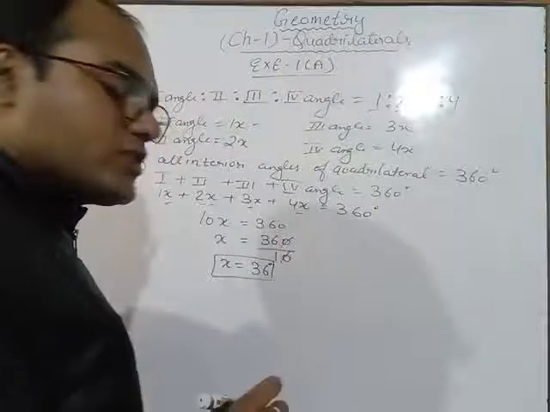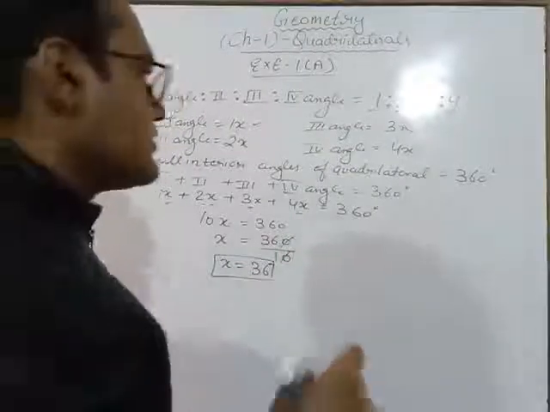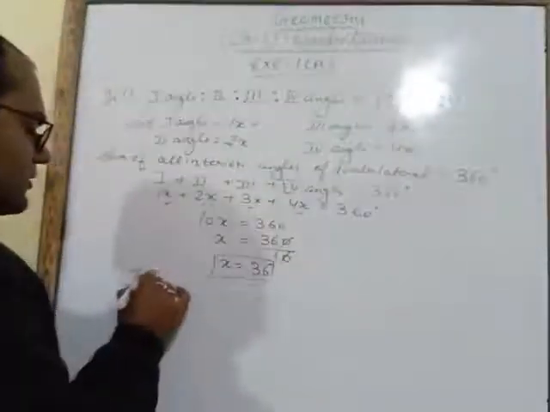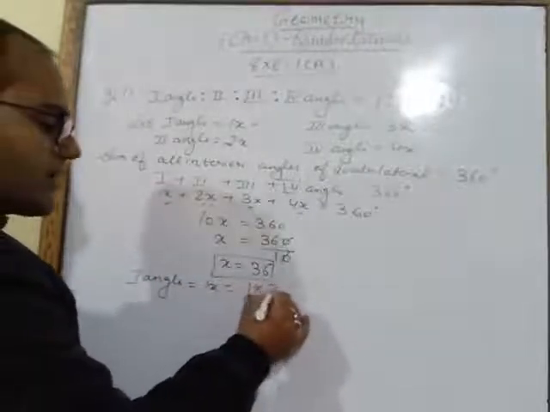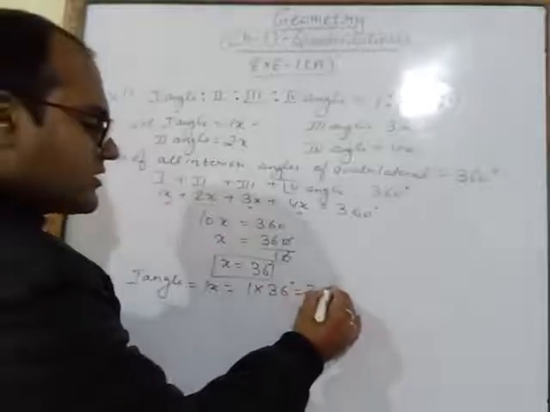Now in the question it is written that you have to find all the angles. The first angle is 1x, so we put 1 multiplied by 36 degrees, which is 36.